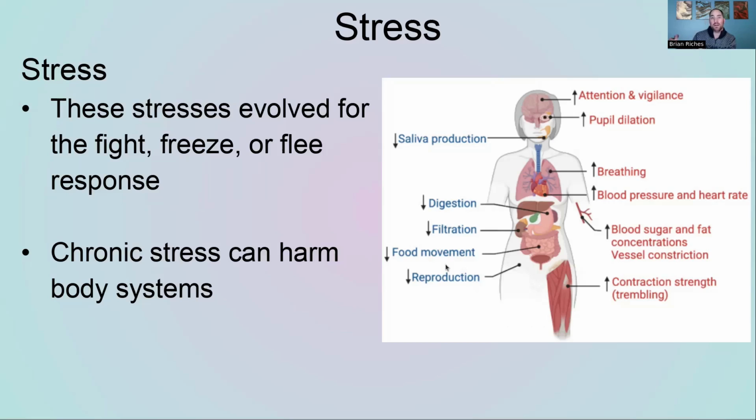If a dog jumps out and then you run back inside, you can calm down, things go back to normal, right? But if this is a long-term or chronic stressor, then you might see bigger problems because of these body systems working less or higher than they're supposed to be in that allostasis state.